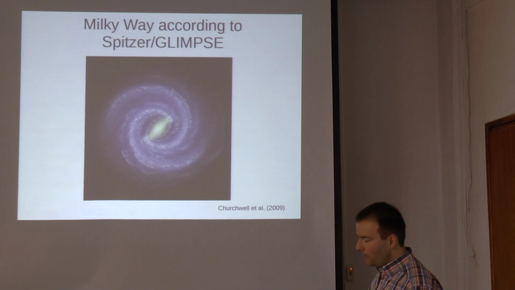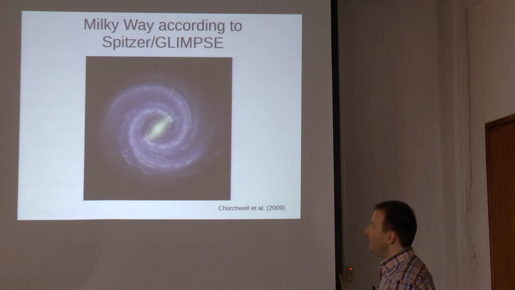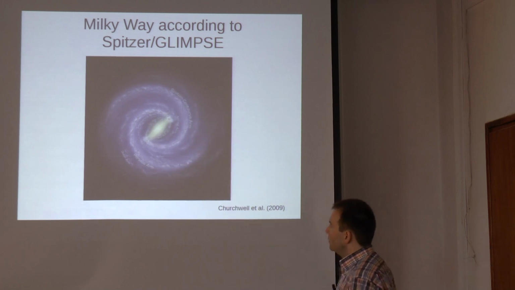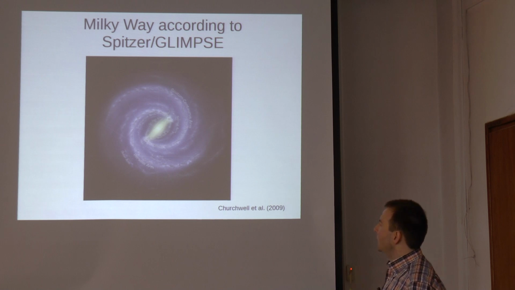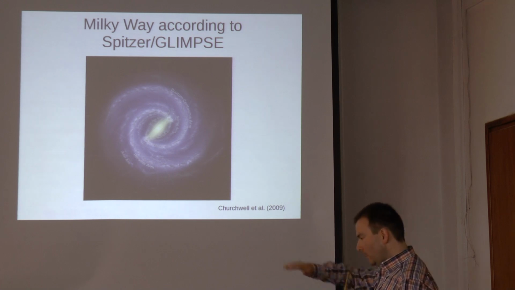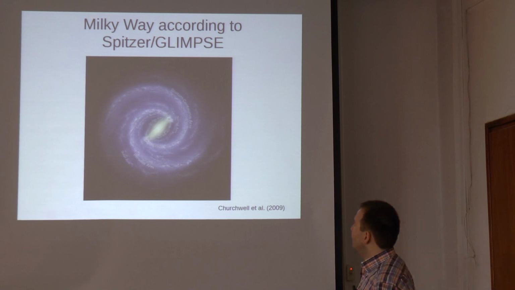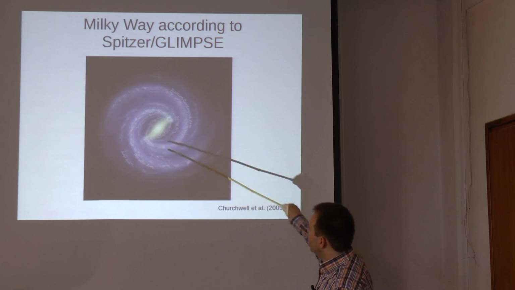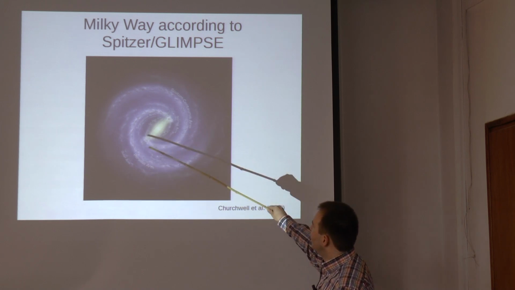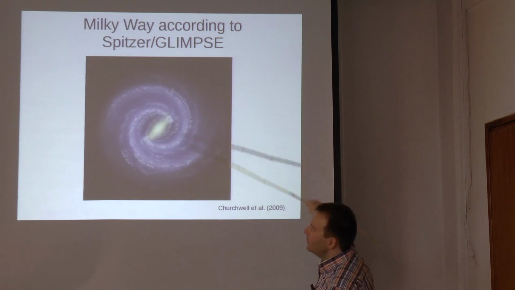And the problem for us is our location. We are very close to the galactic plane, where we have, particularly in the galactic disk, a lot of dust, and that's why we don't see much, in the optical particularly, very close to the galactic plane. We know something about the galactic bulge, but we truly don't know what's on the other side.